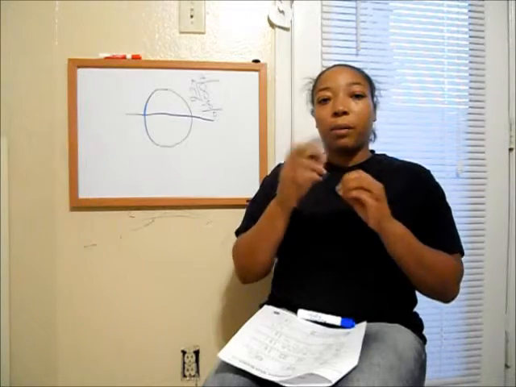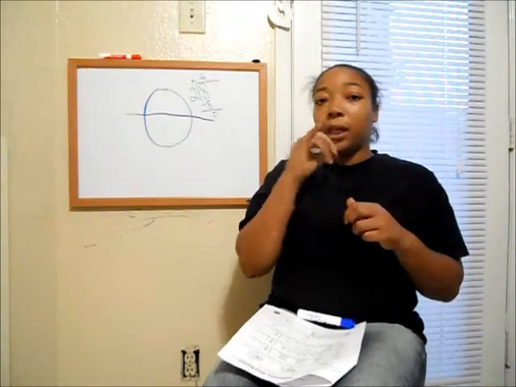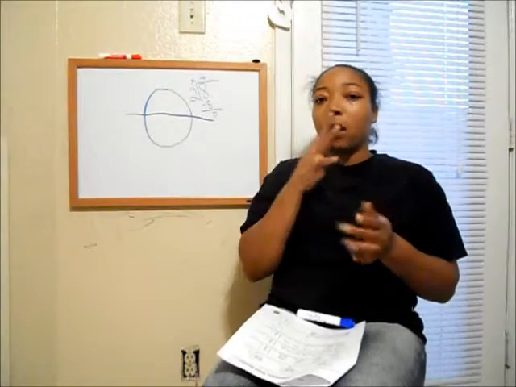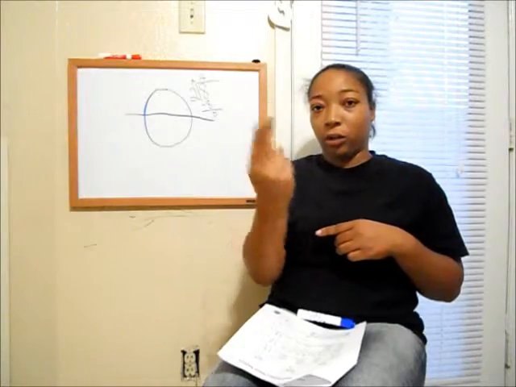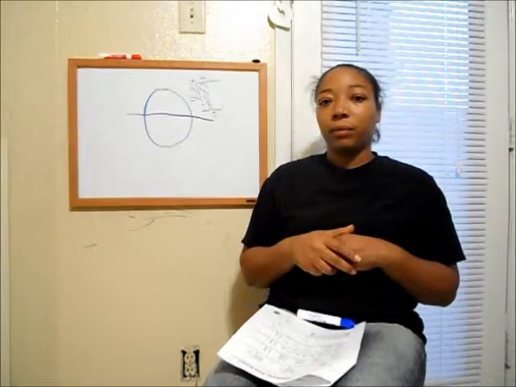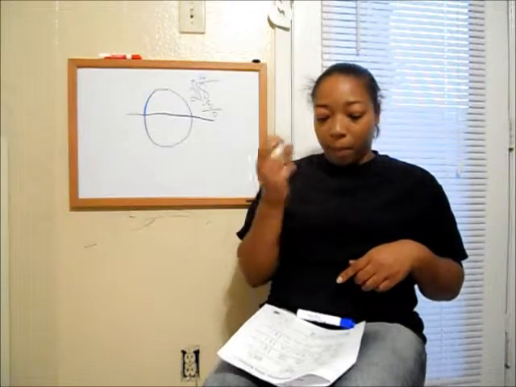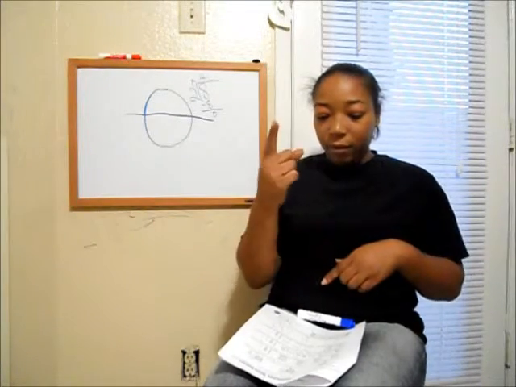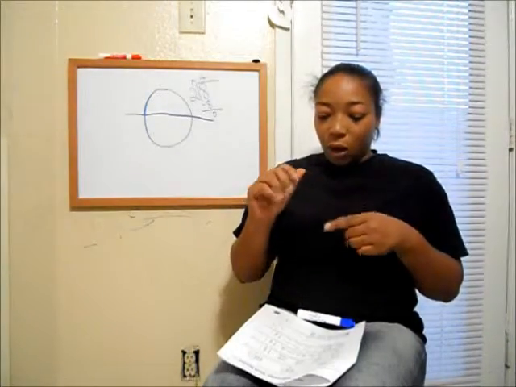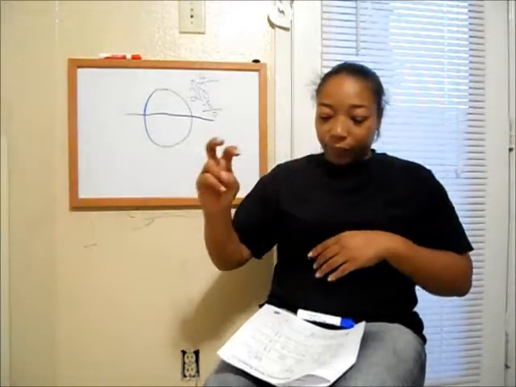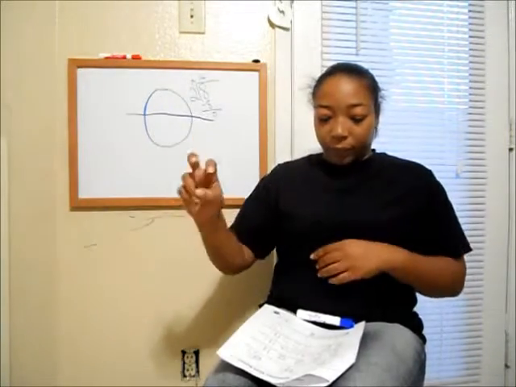Now, problem number 3. This problem is tricky because it talks about pairs. This problem says there are 4 pairs of children. Half the children are going on a field trip. How many children are going on a field trip?